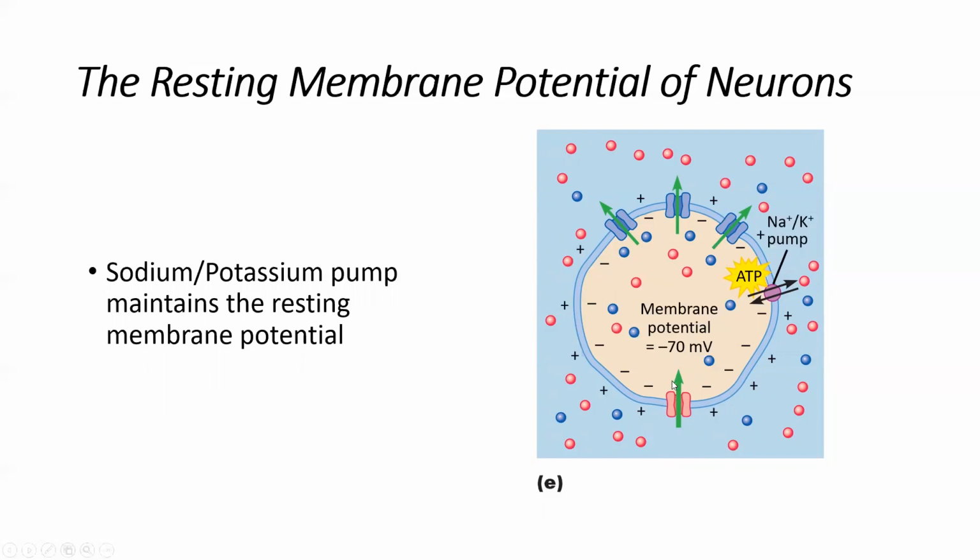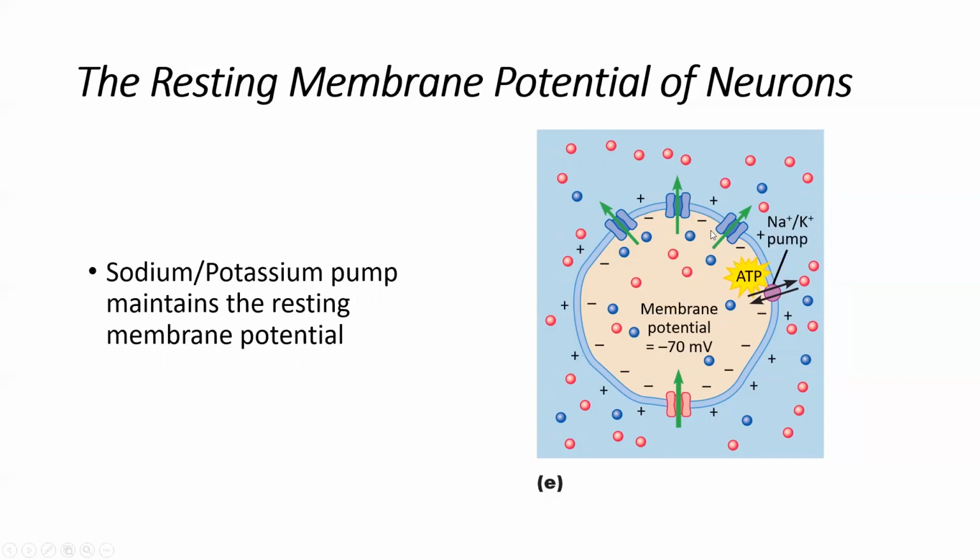Sodium has a chemical force wanting to go into the cell because of that concentration gradient. It also has an electrical force wanting to go into the cell because the inside of the cell is more negative. So that creates a really strong influx of sodium. Potassium has a concentration gradient that wants to move out of the cell because of that concentration difference, and then an electrical force that wants to move into the cell, because potassium is positively charged and the inside of the cell is a negative environment at this point.